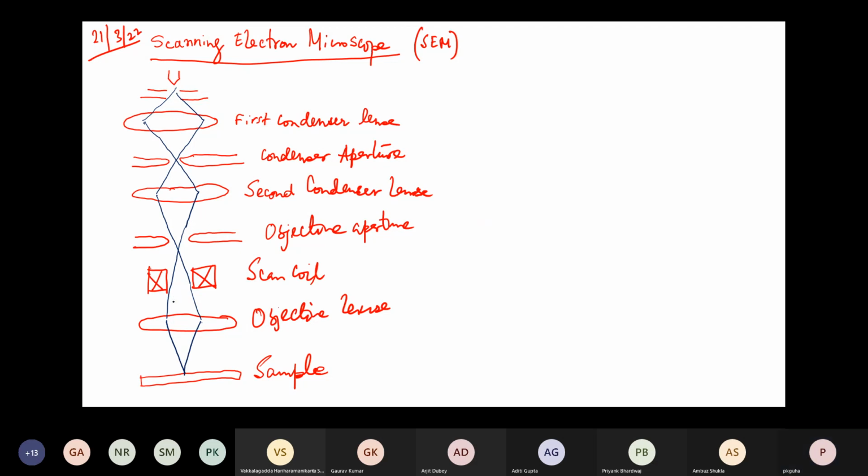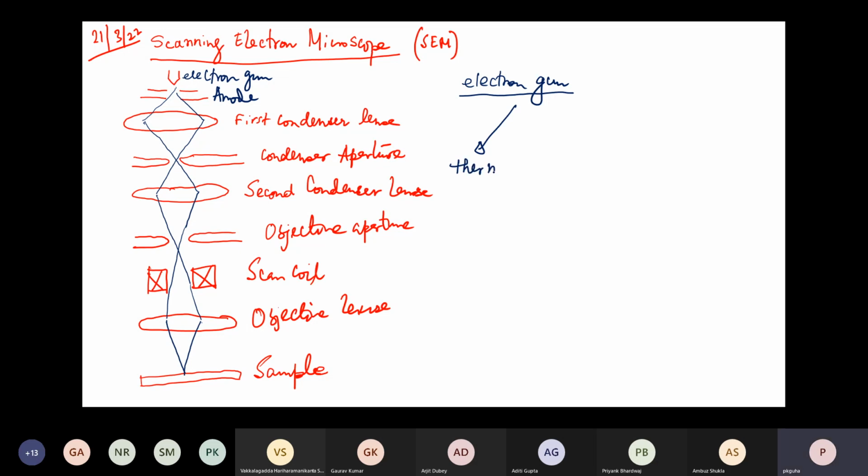So this is your electron gun, and this is the anode. This electron gun can be thermionic type.